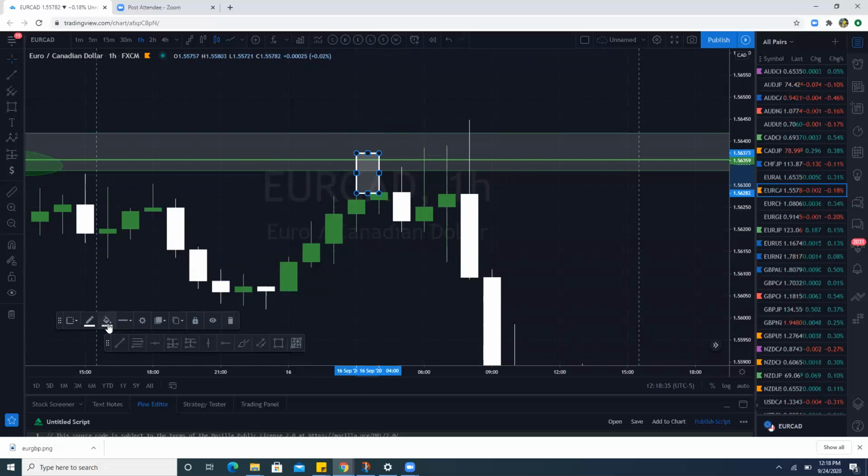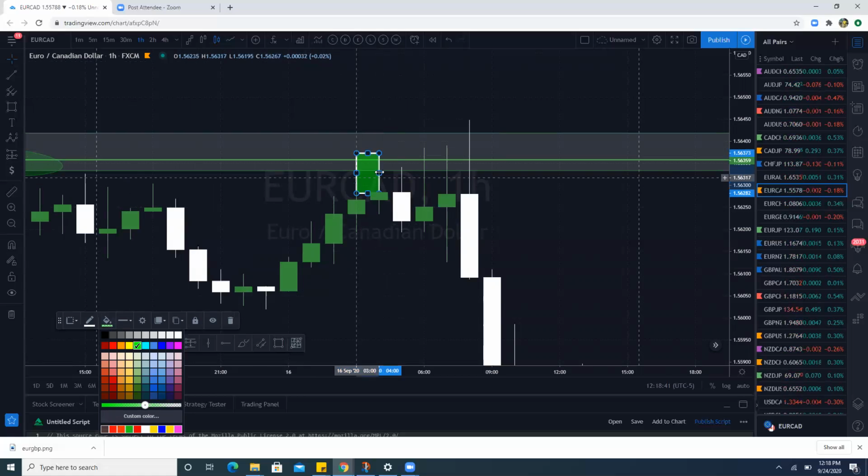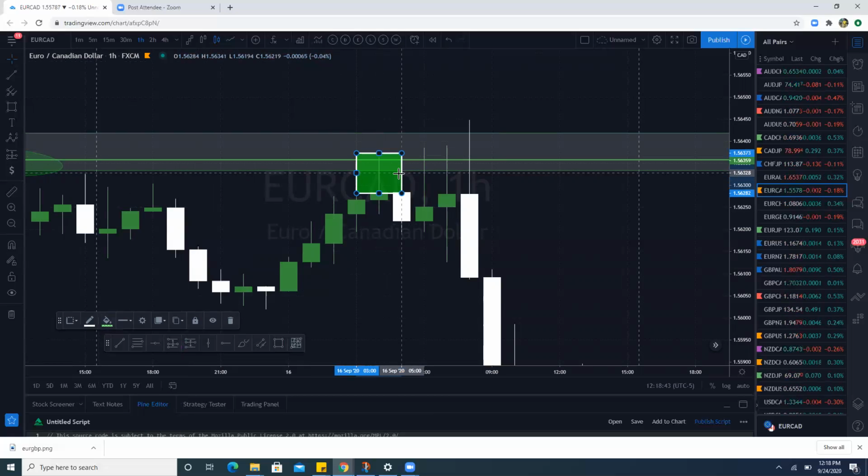But anyway, let me just continue. I don't think it's going to let me do it, but you'll get the point. This candle looked like that at one point. I'm not just talking about this candle. TradingView won't let me make a box on the edges. So this candle looked like that.